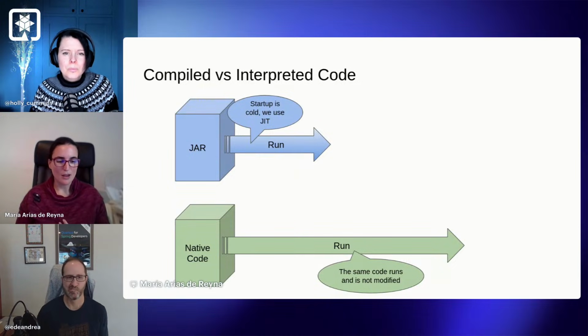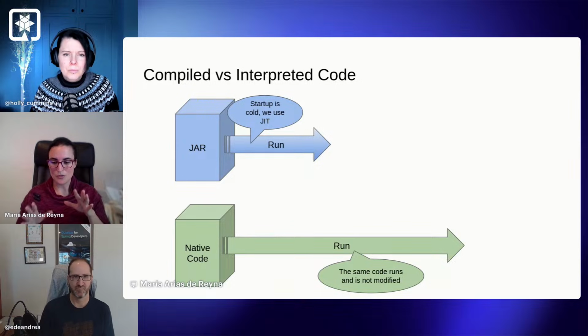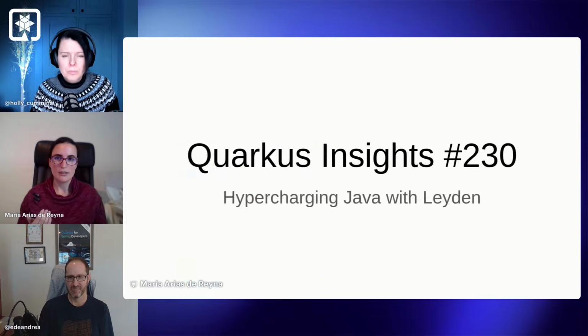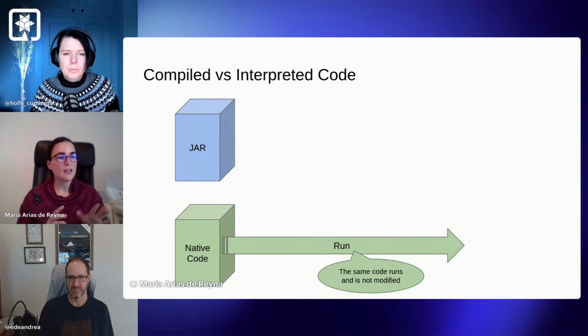So the first thing I want to talk about is the difference between compiling to native code and running something with a jar file. A few years ago, before I joined the OpenJDK team, when I started any kind of project, I usually made sure that it was going to be Quarkus and native compilation, because it's really fast.